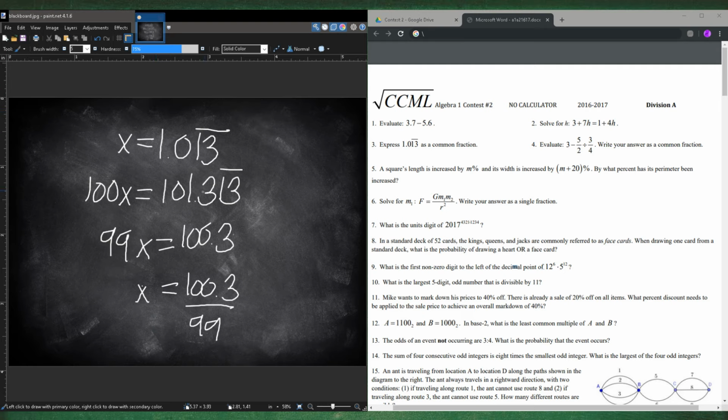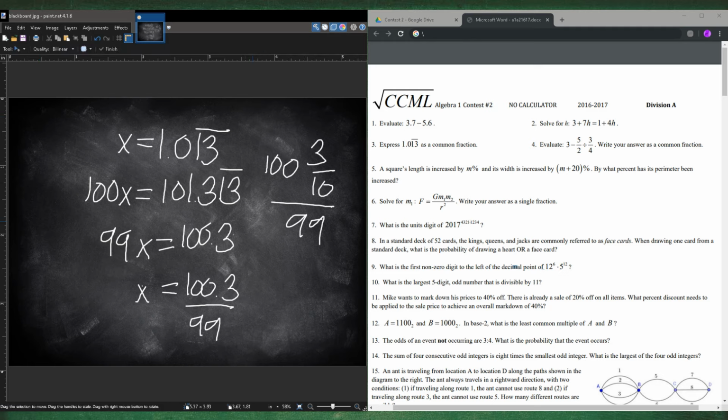Now we have to get this into a common fraction. This is in decimal form, so you want to take the decimal out. You could write this as 100.3 over 99.